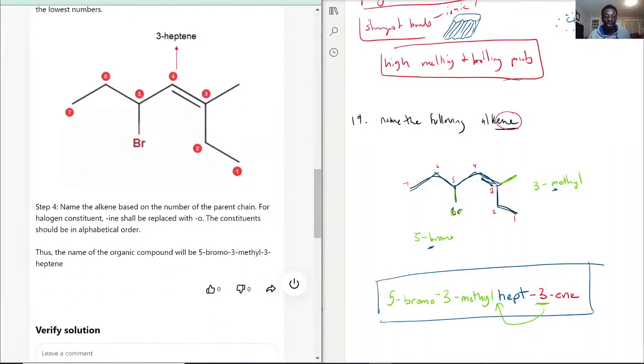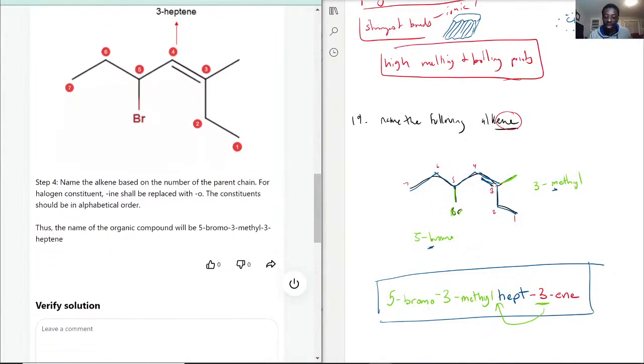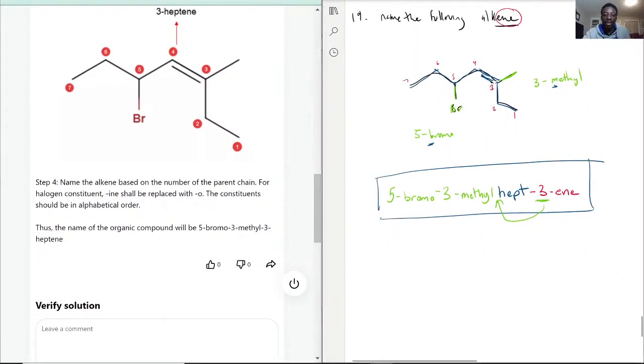Considering it's always very tricky, I'm going to go with what it says over here. So we have still 5-bromo, everything else stayed the same. Methyl, 3-heptene. 5-bromo-3-methyl-3-heptene. That also works too.